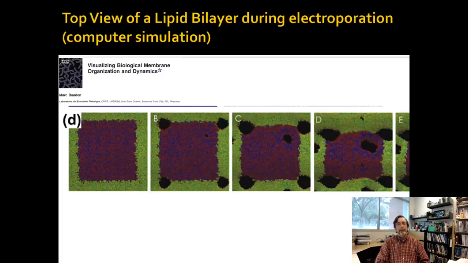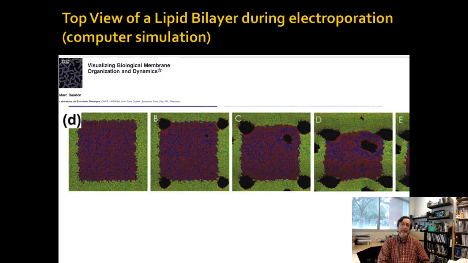And finally, we can also talk about what happens when you electroporate a cell. If you've ever electroporated to get a plasmid in a cell, we do that sometimes in lab. You literally are applying a charge and you're making pores. You're making big open spaces. And so you can have computer simulations of the lipid membrane that try to say, what does this look like?